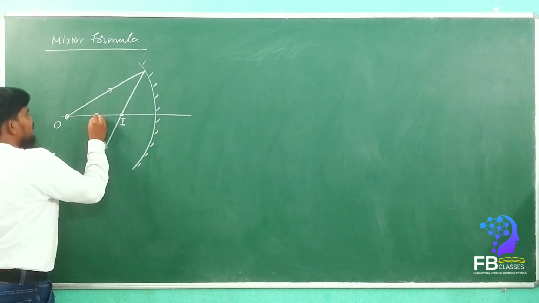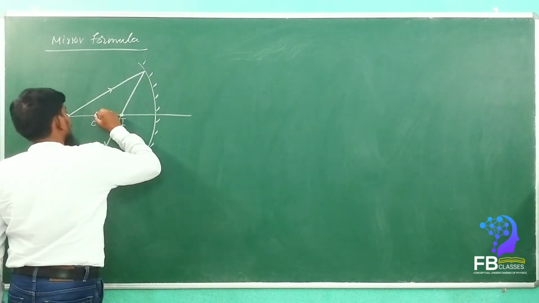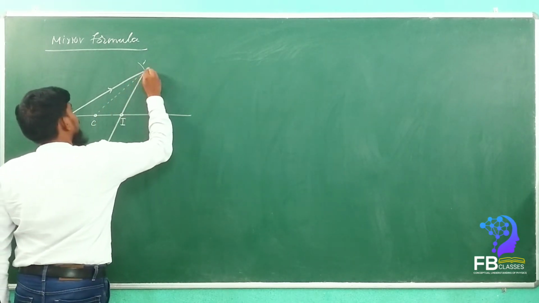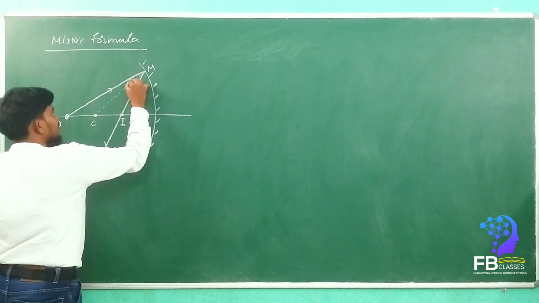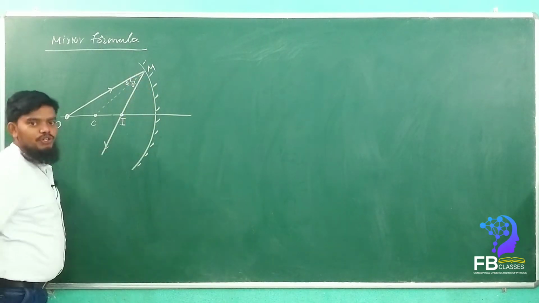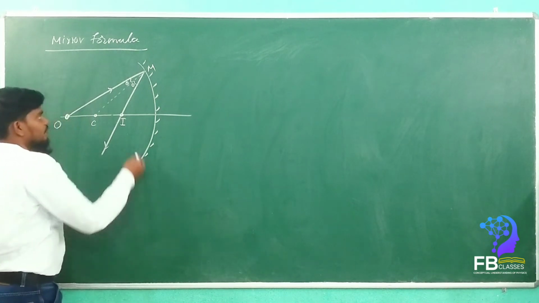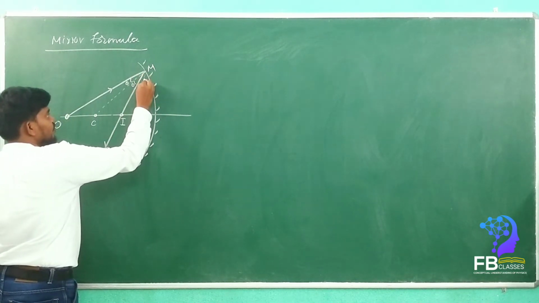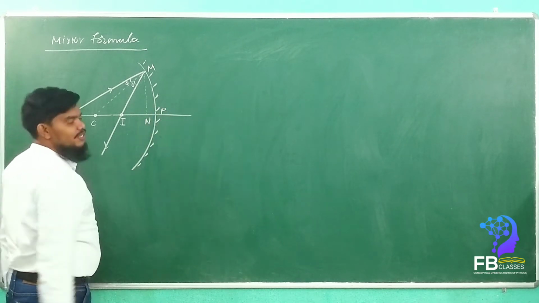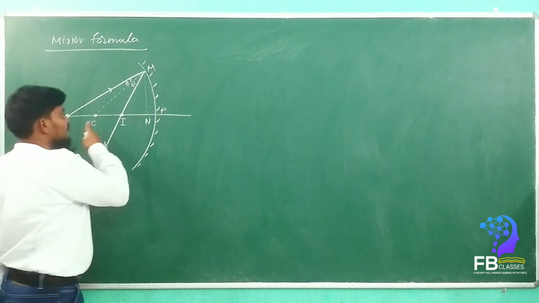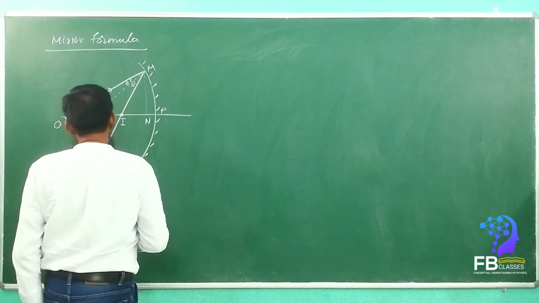Now let's take this as the center of curvature, and that is the point M. If this angle is theta, this is also theta, as we know very well. See here, consider this perpendicular line N and this point P. Actually what we are assuming here is that the angles are small.